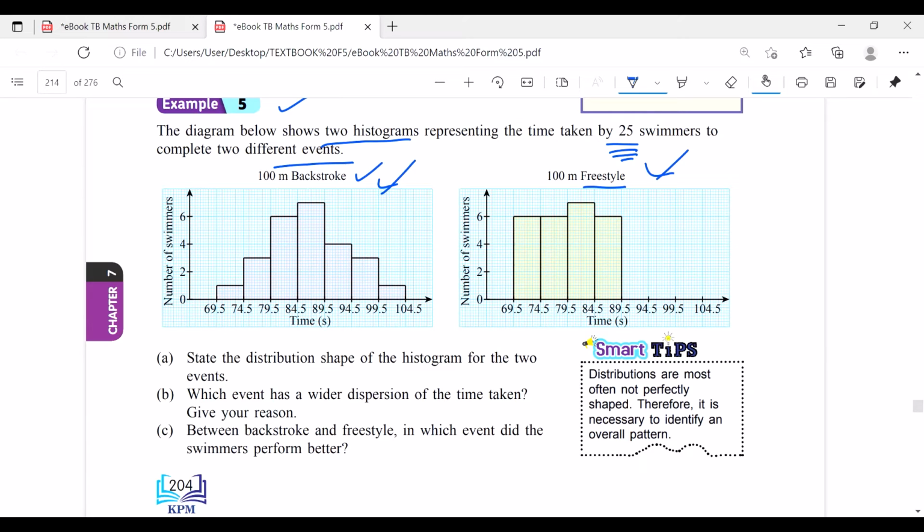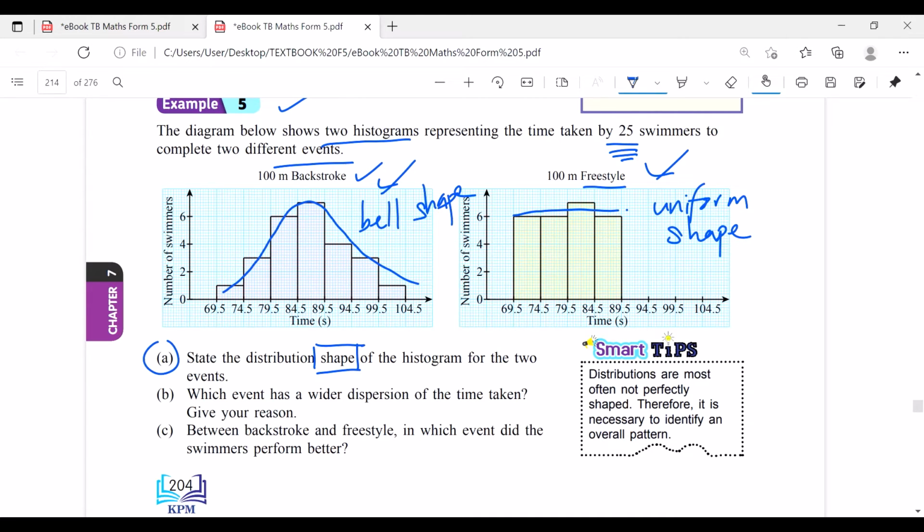The first question is state the distribution shape. What shape do you see in these two events? This one is bell shape. And this one, you can see it's a uniform shape. Uniform shape distribution, bell shape distribution, very easy.